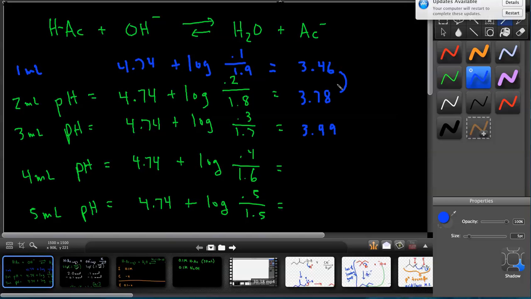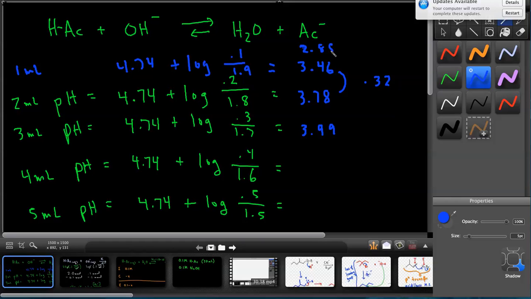Notice the difference between these two values is about 0.32. Initially we had 2.88. That difference is about 0.56. This difference is about 0.21. So now we're getting into the buffering region where, even though we're adding the same amount of base each time, the increase in pH is becoming more and more diminished.